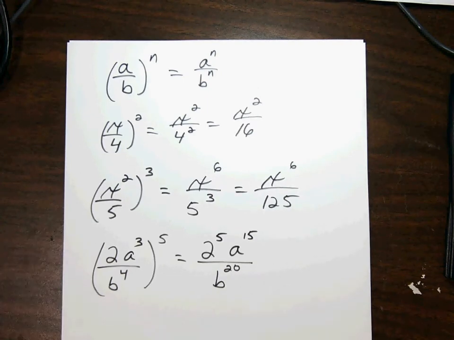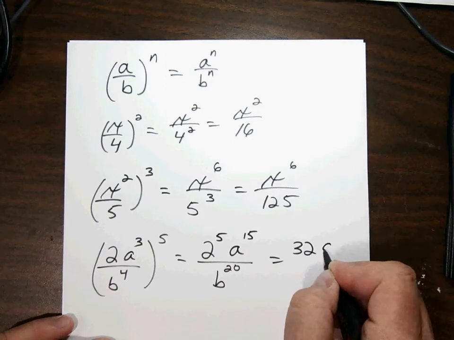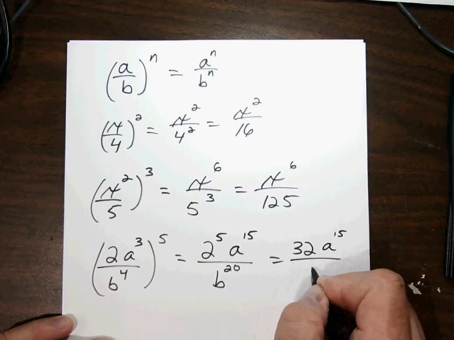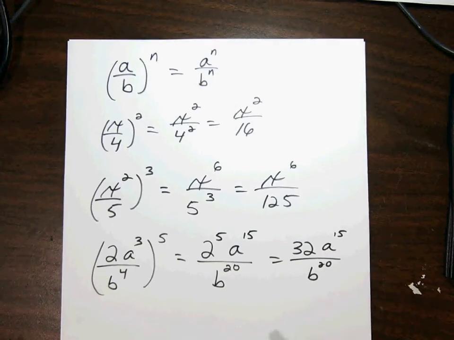I could then further take 2 to the power of 5 and figure out what that is. 2 times 2 times 2 times 2 times 2, it's going to be a 32. A to the 15 over b to the 20. All good? All right.